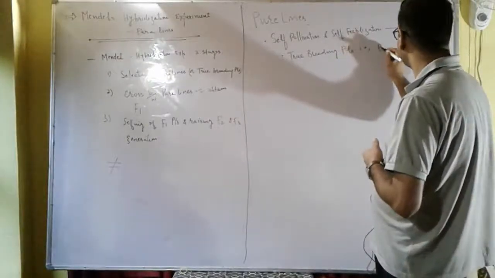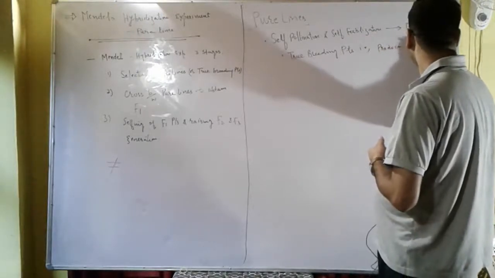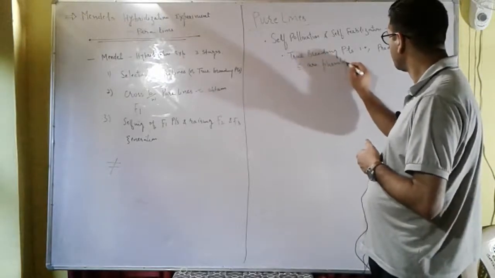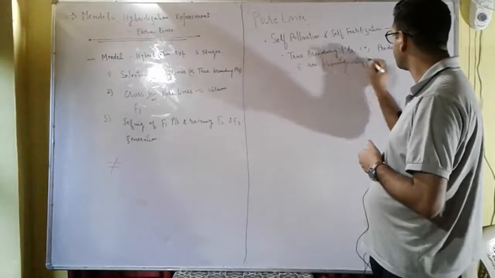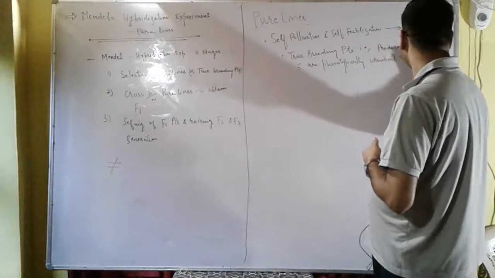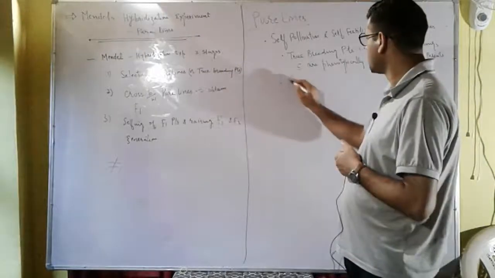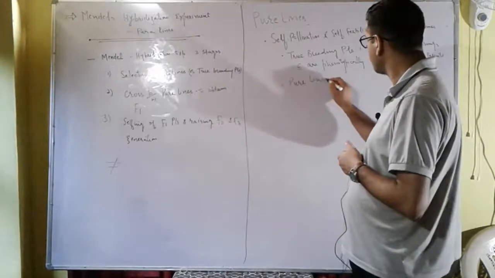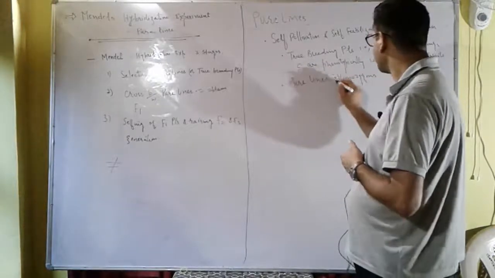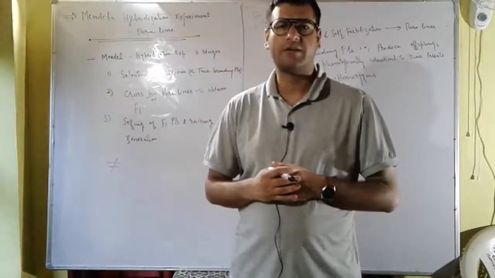So pure lines are true breeding plants. They produce offsprings which are phenotypically identical to their parents. That means pure lines are homozygous. That is, they have two identical alleles for the trait.